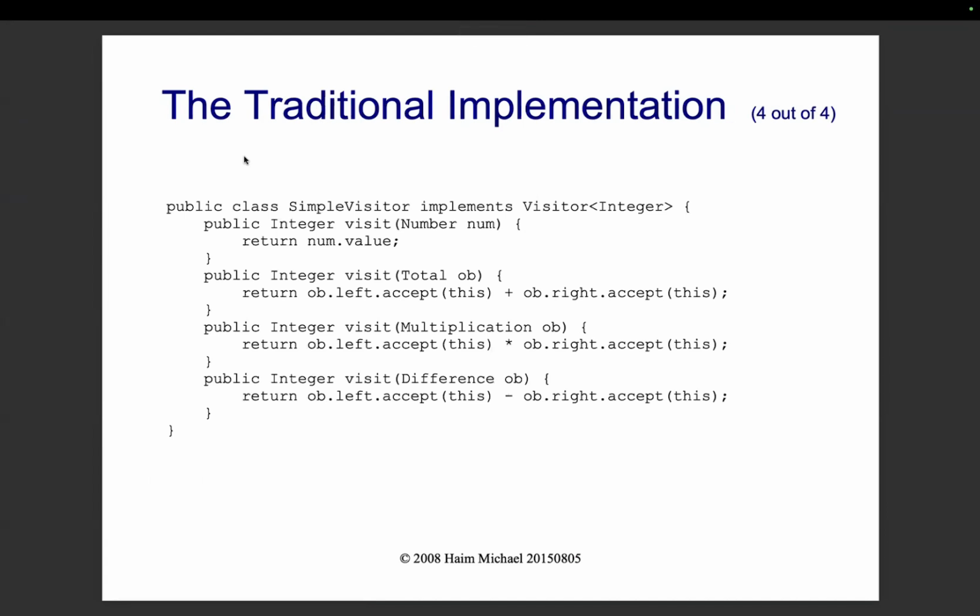And then when you look at the code of the class that implements a visitor, you can see that we have overloading for the visit function. So when visit is invoked, the version that fits the type of the reference that was passed over to visit, this is the version that will be invoked.